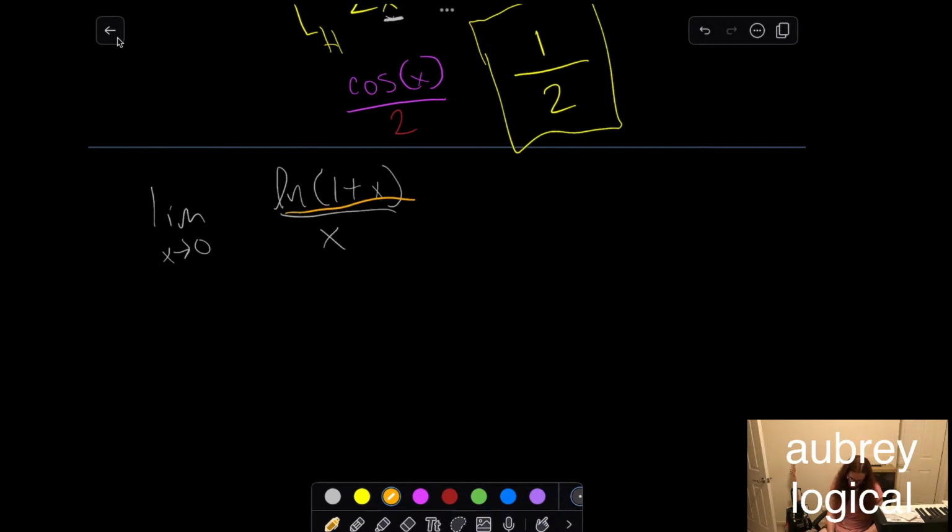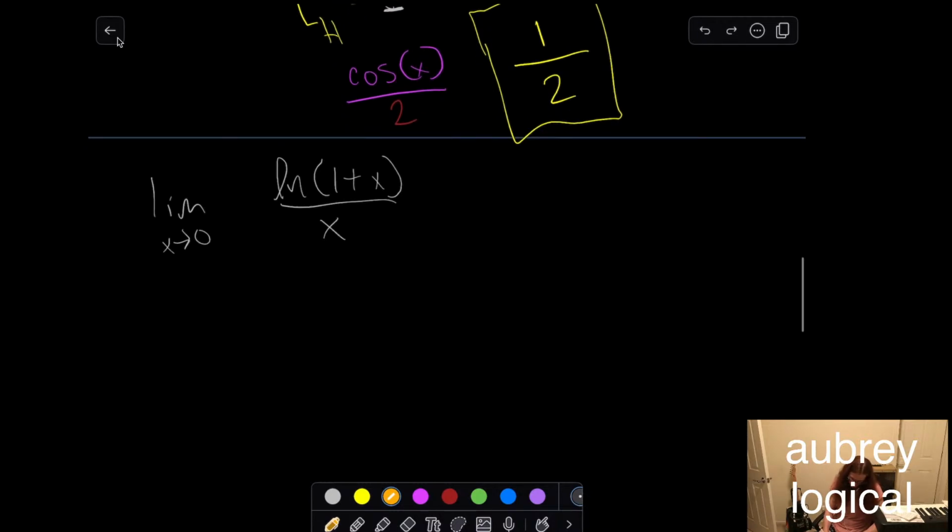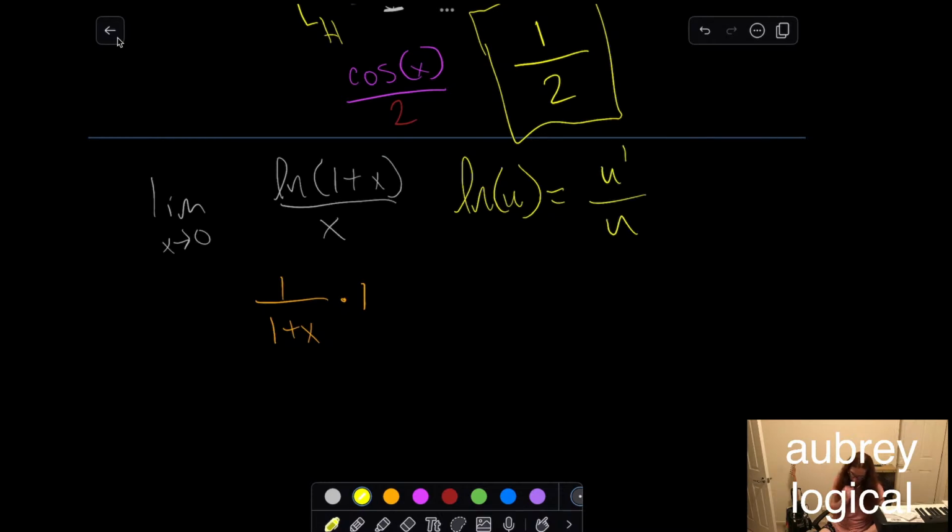The derivative of ln of 1 plus x is going to be 1 over 1 plus x times 1, because the derivative of ln of u is u prime over u. So u is 1 plus x in this case.